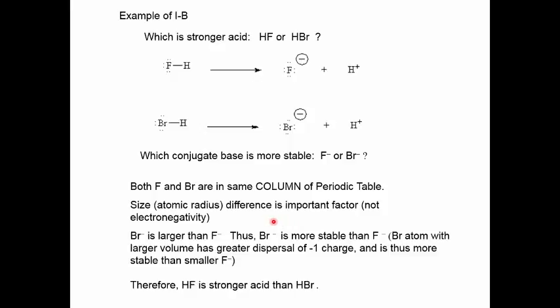We talked about that with what we called resonance stabilization. Because the bromide ion, being larger, is more stable than the fluoride ion, and consequently, since bromide ion is the more stable conjugate base, the acid HBr that forms it is a stronger acid than HF.